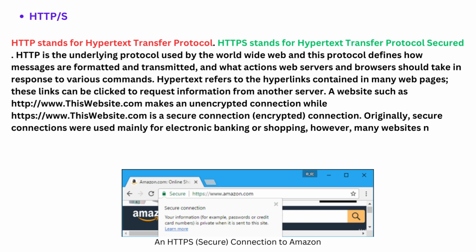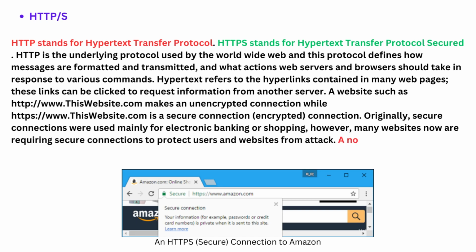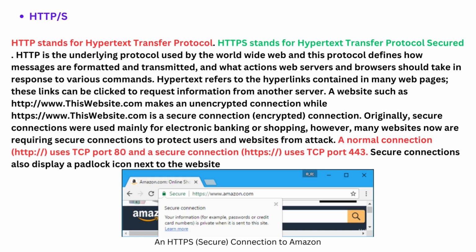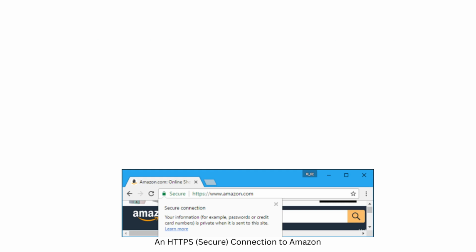However, many websites now are requiring secure connections to protect users and websites from attack. A normal connection, HTTP, uses TCP port 80 and a secure connection, HTTPS, uses TCP port 443. Secure connections also display a padlock icon next to the website address.